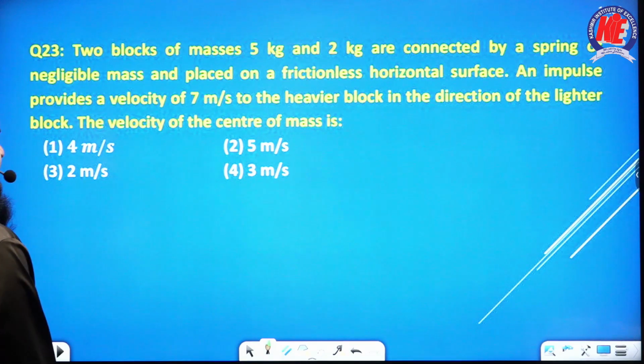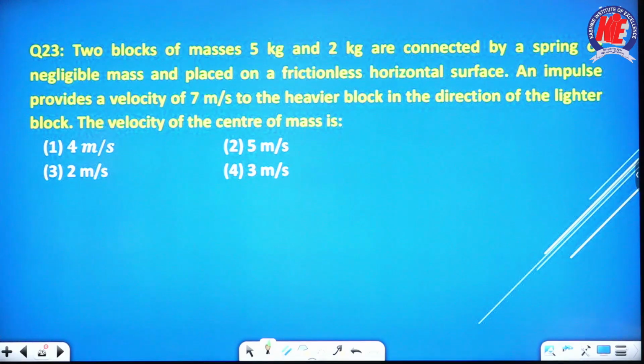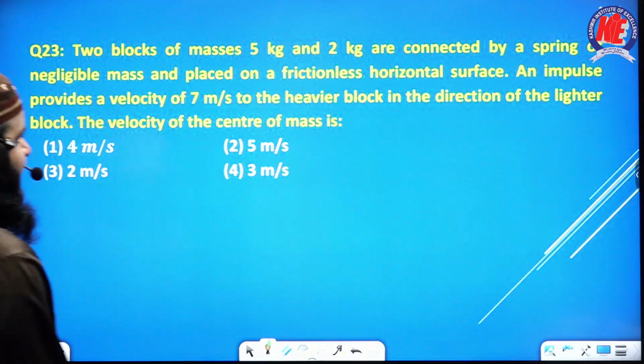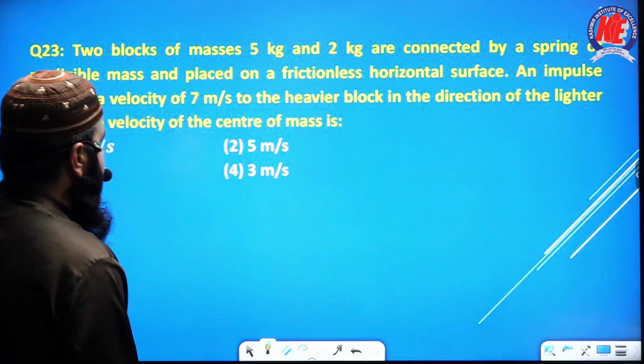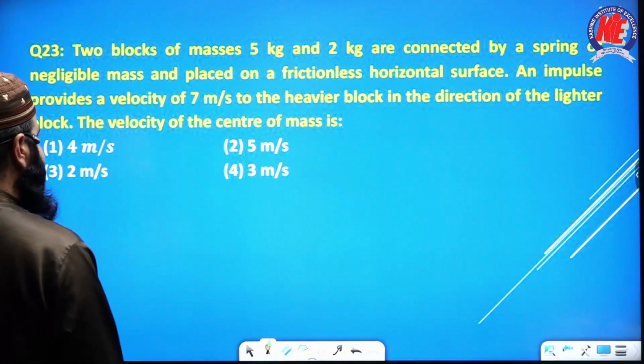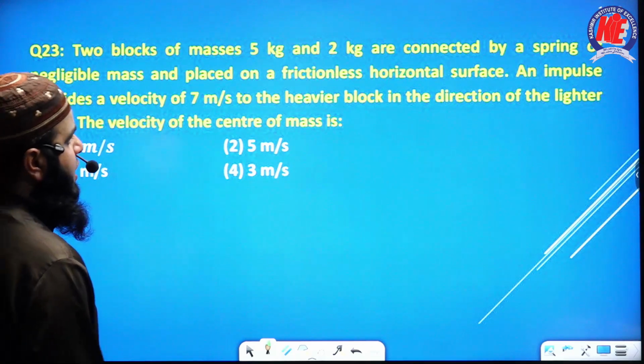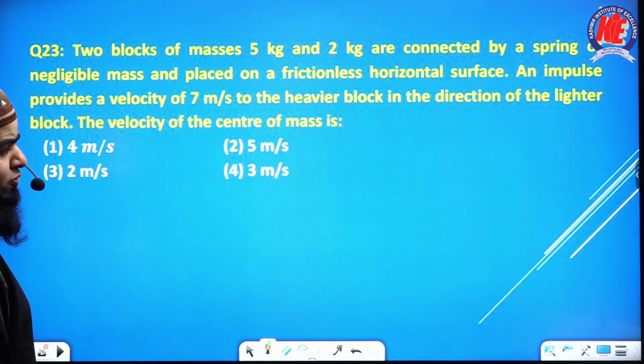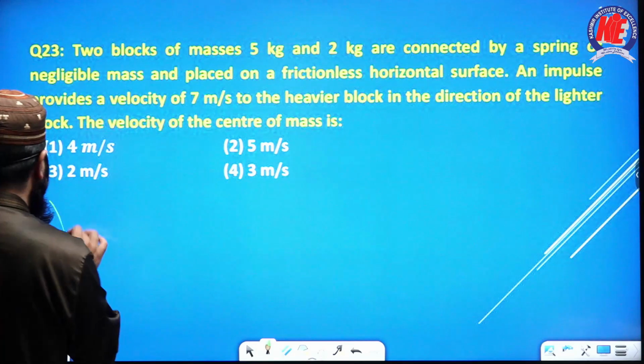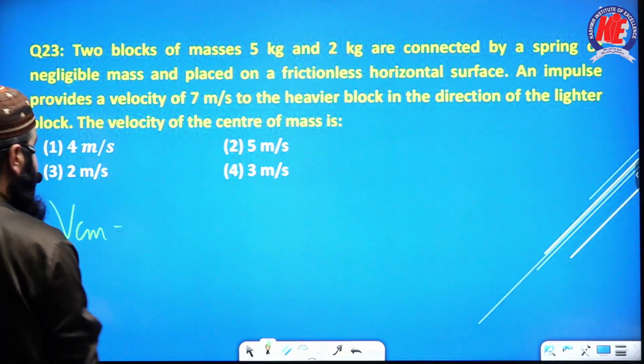Two blocks of mass 5 kg and 2 kg are connected by a spring of negligible mass and placed on a frictionless horizontal surface. An impulse provides a velocity of 7 meter per second to the heavier block in the direction of the lighter block. The velocity of the center of mass is? Velocity of the center of mass will be given by m1v1 plus m2v2.